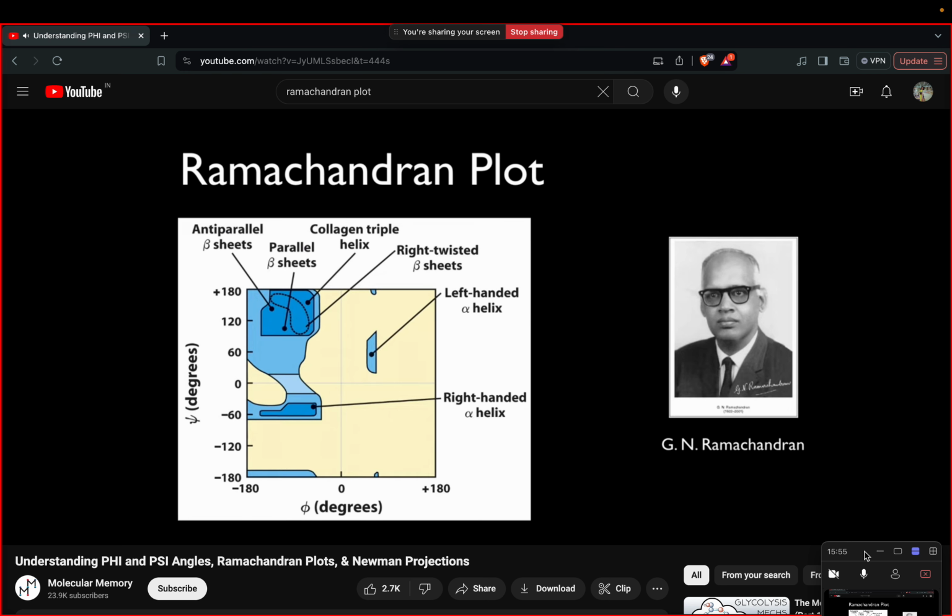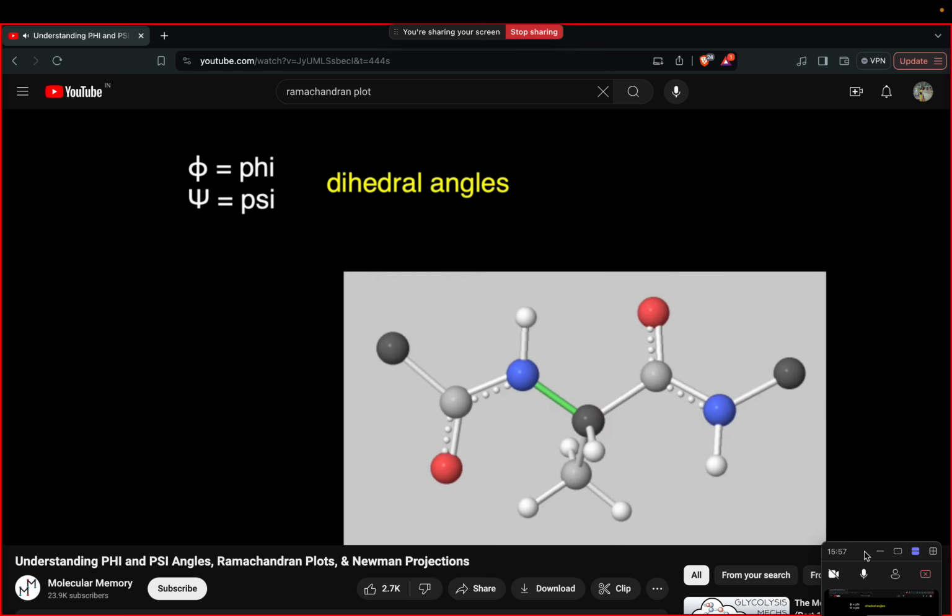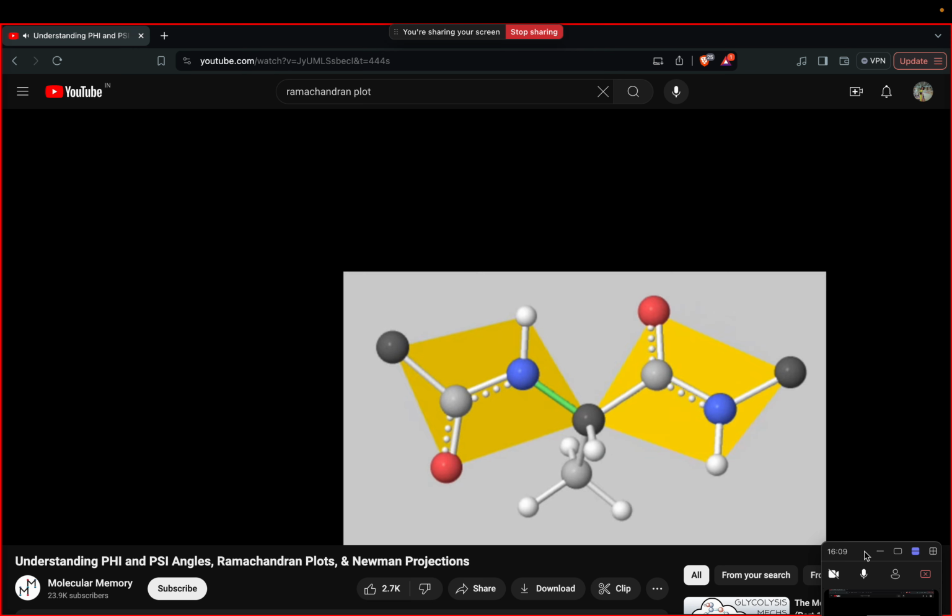Phi and psi are examples of dihedral angles, which are, by definition, the angle between two intersecting planes, shown in yellow in this image. Notice that the carbonyl and the adjacent nitrogen are shown with dotted bonds. Remember that peptide bonds, and amide linkages in general, have significant contribution from a resonance structure with double bond character.